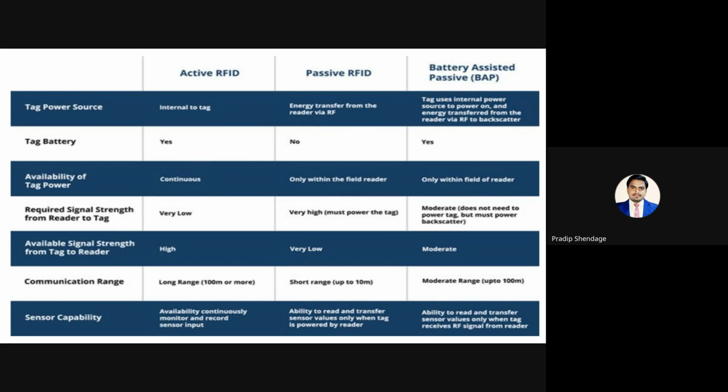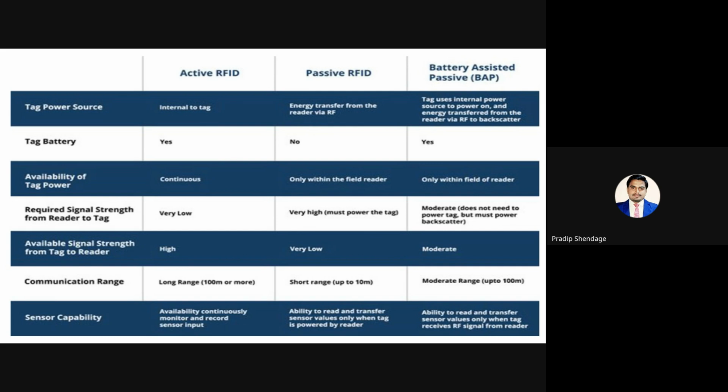The signal strength required from reader to tag is very low in the case of active. In the case of passive, it is very high, and for battery assisted passive it is moderate, because it doesn't need to power the tag but must power the backscatter. The signal strength required from tag to reader is vice versa: high for active, low for passive, and moderate for battery assisted passive. The communication range for active is long, 100 meters or more; passive is short range, up to 10 meters; and battery assisted passive is up to 100 meters.